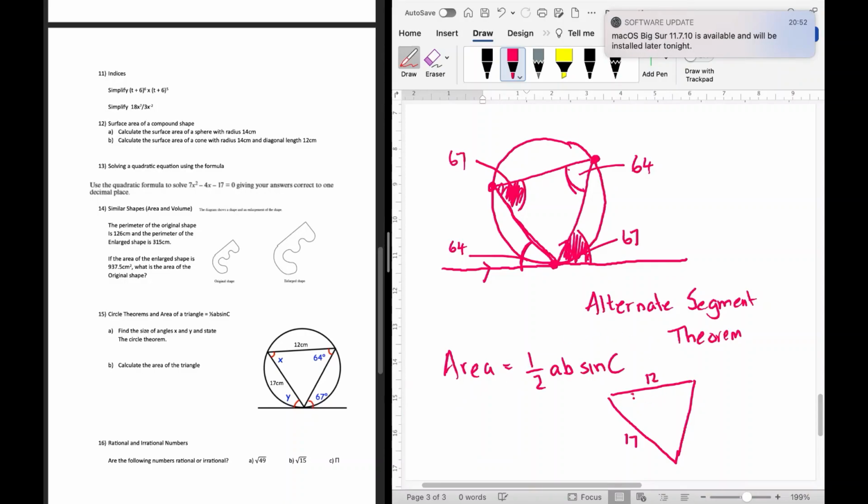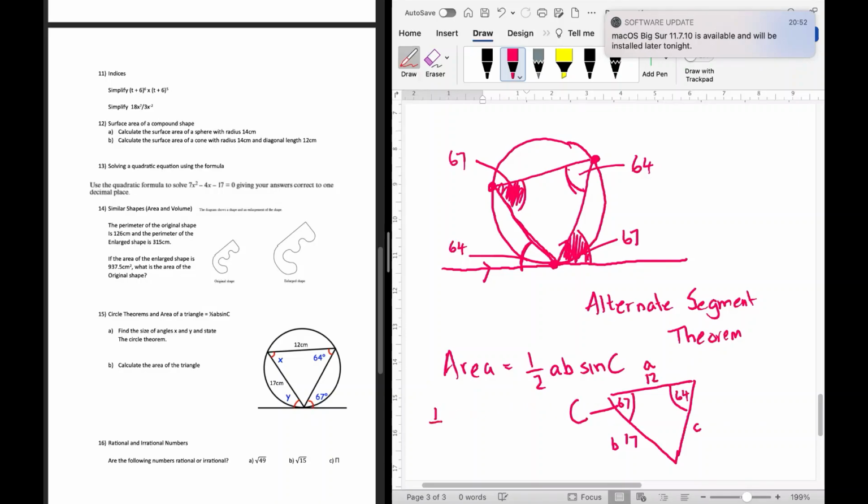We now know this angle here is 67, and we know that this angle here is 64, and we could work out the other angle if we wanted to, because the 3 angles would add up to 180. But if I'm going to label this, let me call this side little a, and this side little b, so this side would be little c, making this angle here capital C.